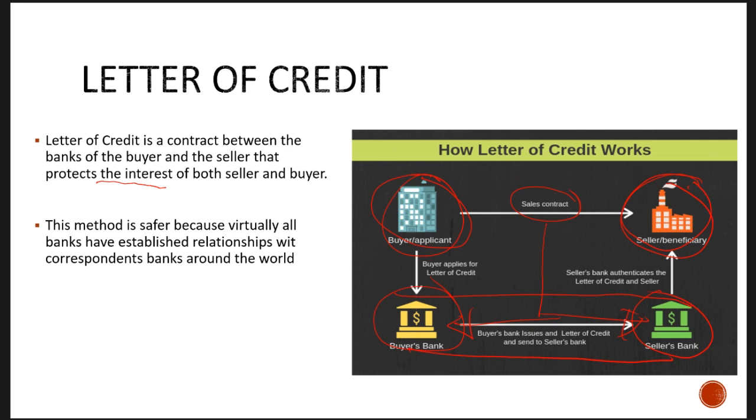And this method is safer because virtually all banks have established relationships with correspondent banks around the world. So mostly banks have established relationships in any other foreign countries, so they can contact each other, and they are trustworthy.